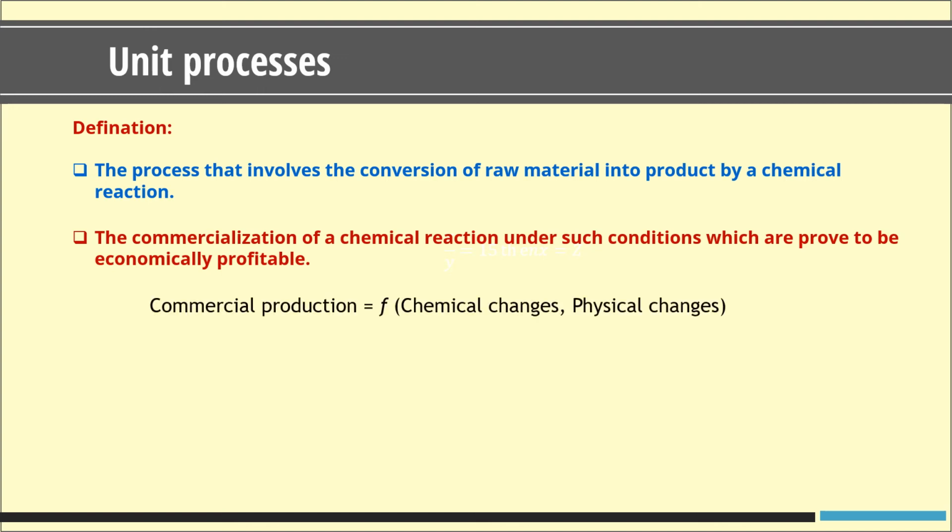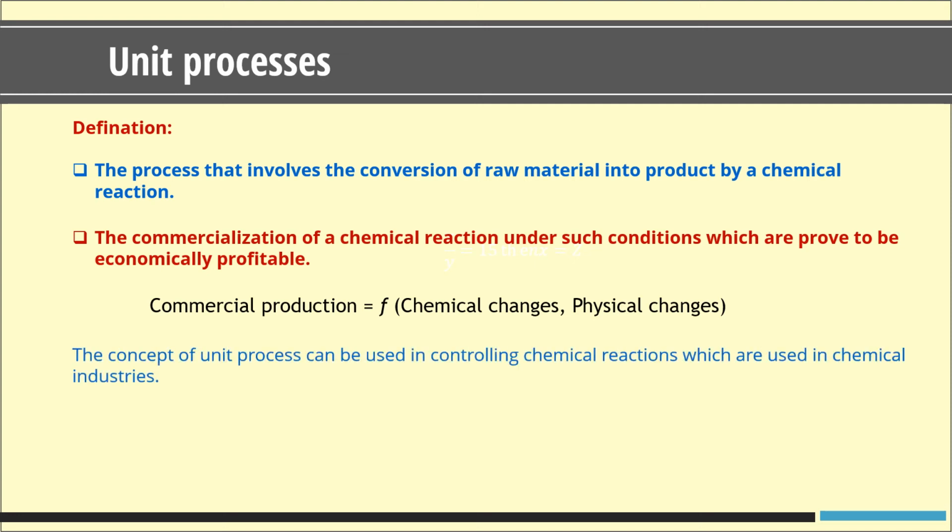The commercial production of a chemical product is a function of chemical changes and physical changes. The concept of unit process can be used in controlling the chemical reactions which are used in chemical industries.